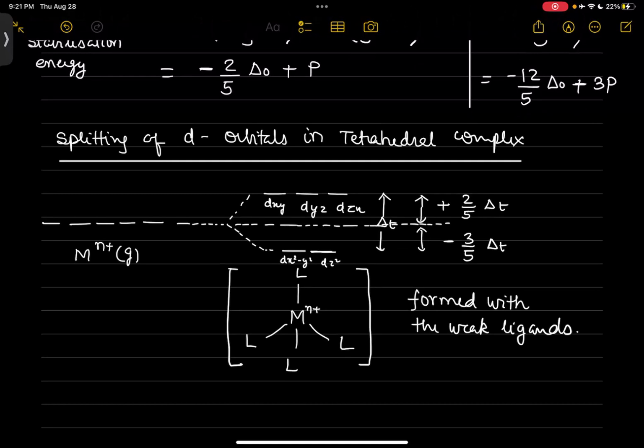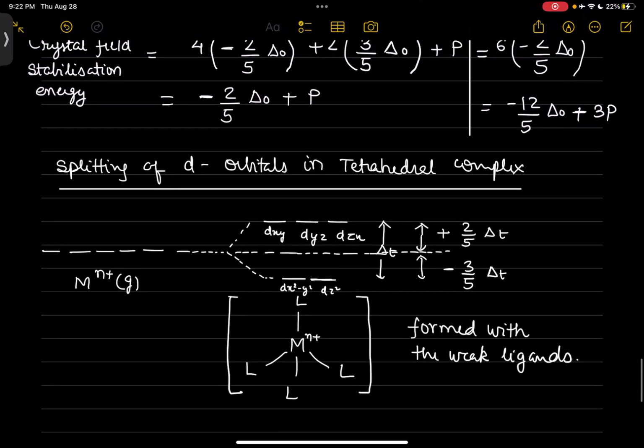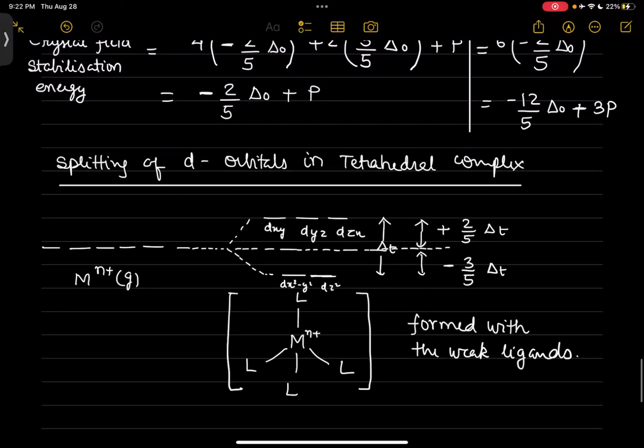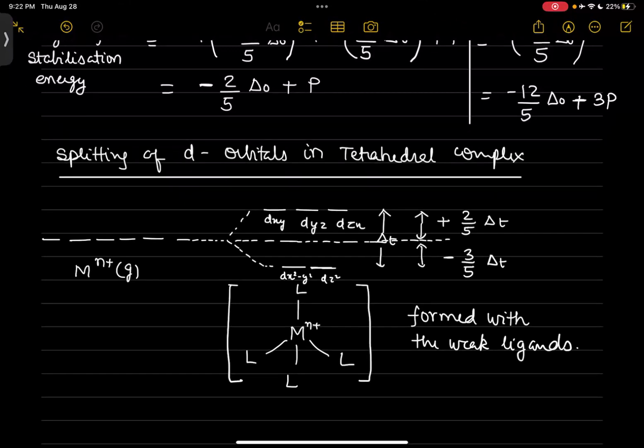Now, VBT and CFT, now we can see the similarities. Original VBT was not able to differentiate between strong and weak ligands. But now we know that VBT has adopted the strength of the ligand from CFT, and with that it works more appropriately, right?